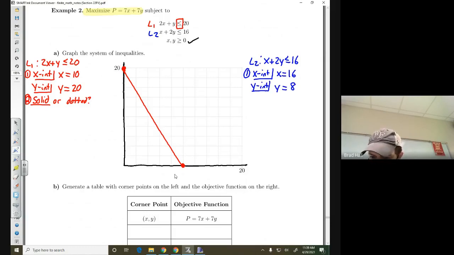That's 10, 12, 14, 16. Y is 8: 2, 4, 6, 8. And then is the line solid or dotted? We get a solid line. So we can go ahead and draw that line.